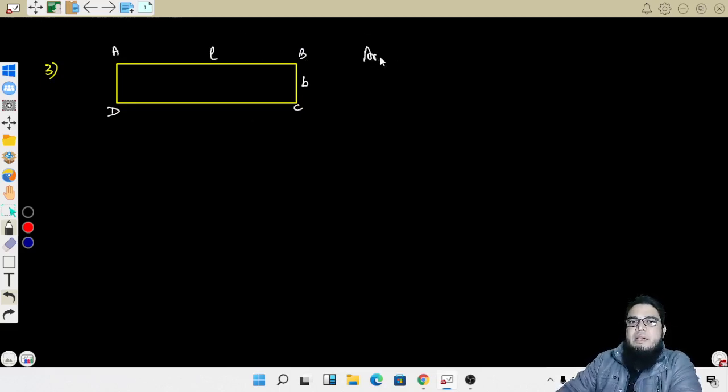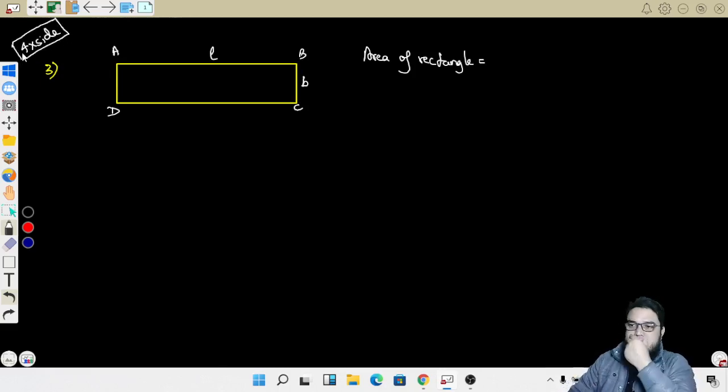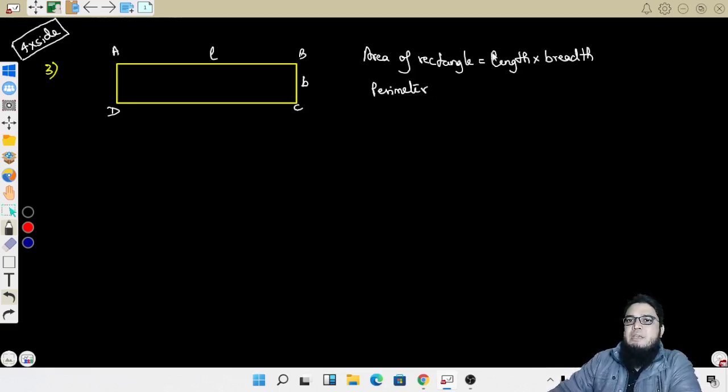So we know that the area of a rectangle is length into breadth. Again, you have the product of two dimensions, and that is going to give you the area.